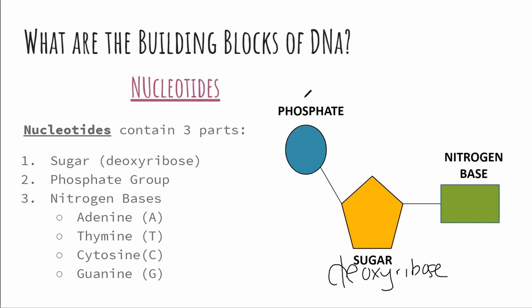Can you remember the way to remember the three parts of a nucleotide? Right, the phosphate is like your pool. The sugar is like your house. And the nitrogen base is like your garage.